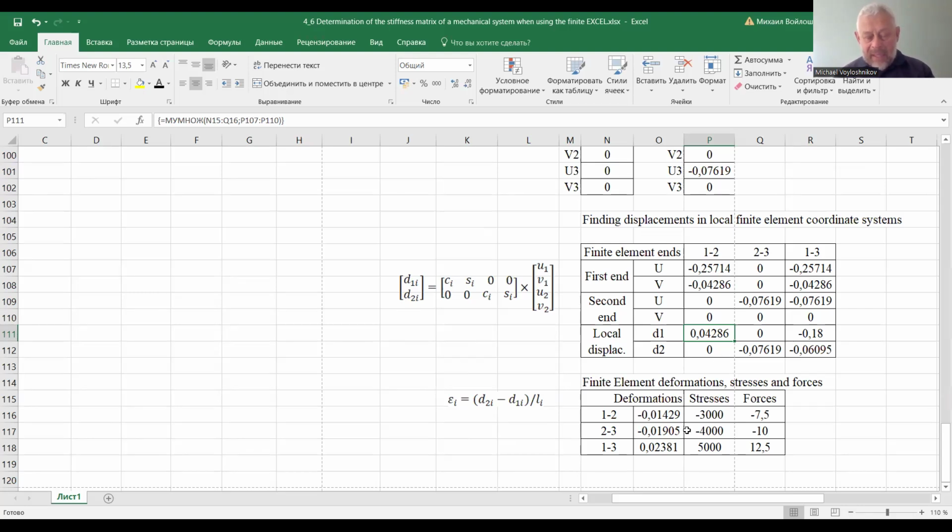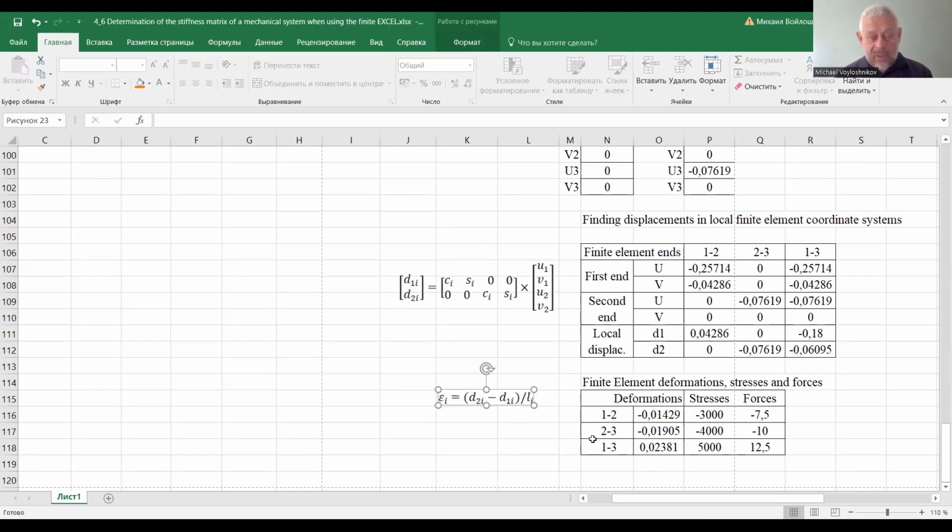And after that, we can find the deformation. The deformation, by the formula indicated here, is the difference of the displacement in the local coordinate system of the second end of the finite element and the displacement of the first end, divided by the length of the finite element.